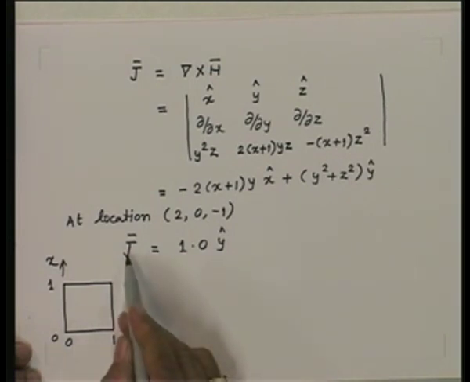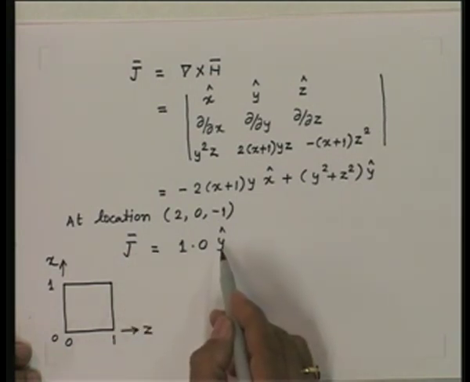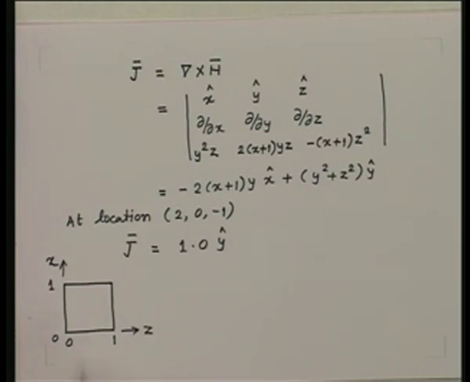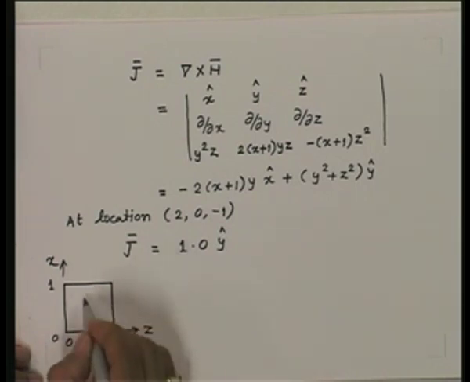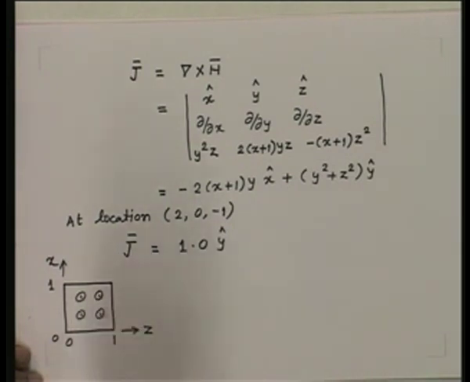Now the conduction current density is oriented in the y direction. So by the right hand rule, if I point my fingers from z to x, the thumb should point to the y direction. So the current is coming out of the plane of the paper.